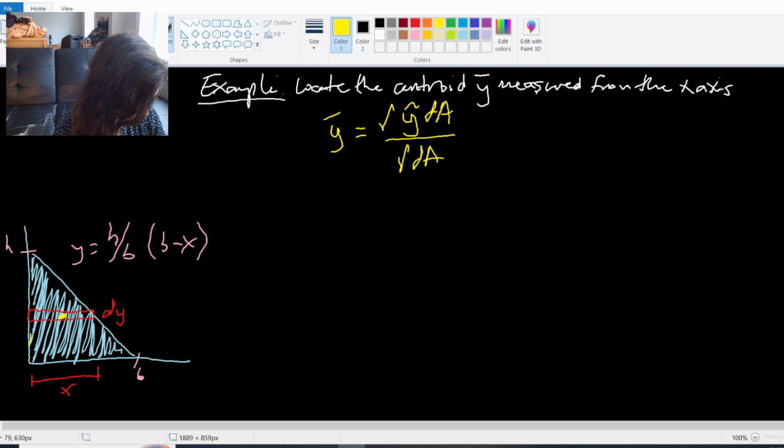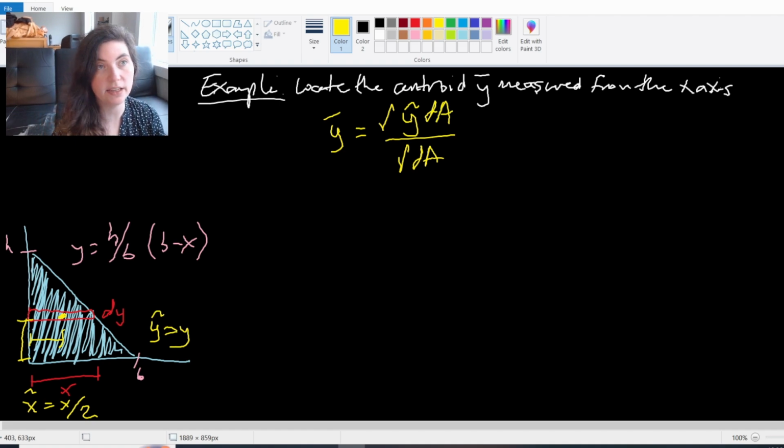I see that my x centroid is halfway through my x. It's a rectangle, so it's going to be half of that. So my x tilde is x over 2. My y tilde is just going to be the y height. That's easy enough. What else am I missing?